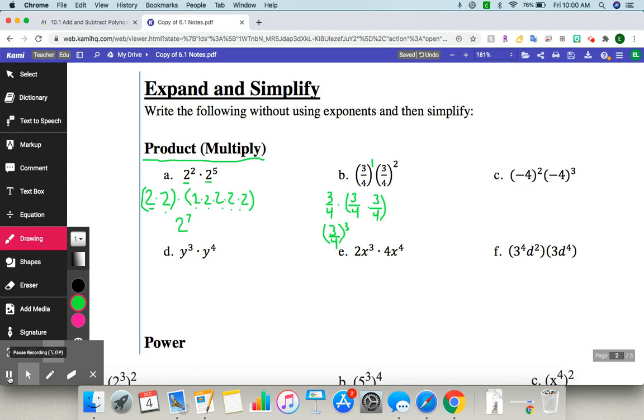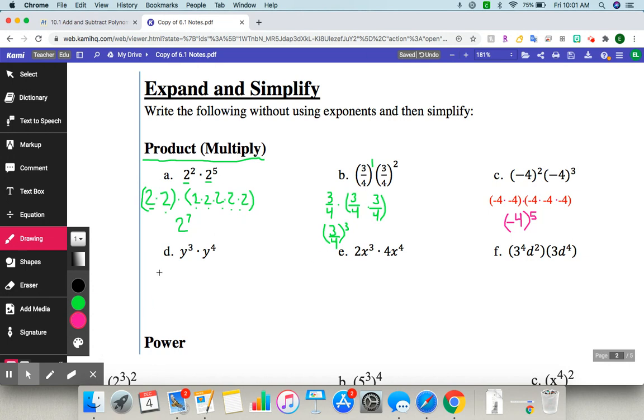In part C, I have 2 factors of -4 times another 3 factors of -4. And that gives us a total of 5 factors of -4, making this -4 to the 5th power.